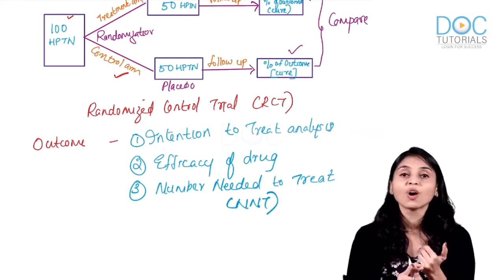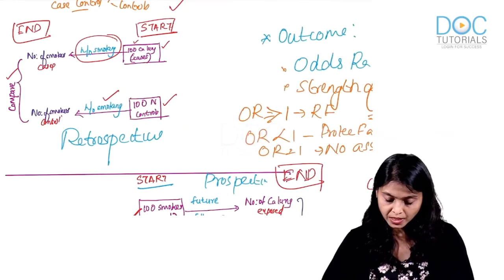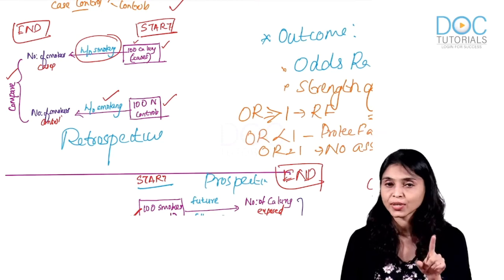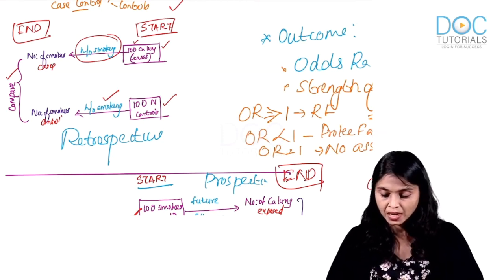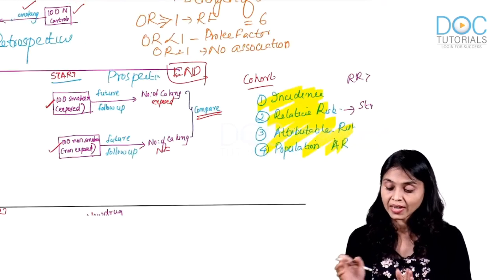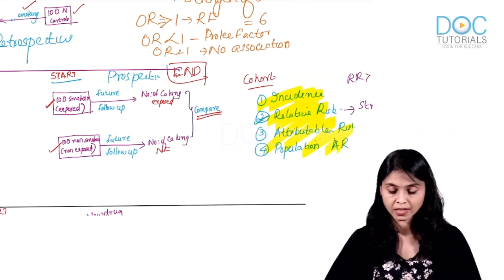So we have seen what a case control is, just to go through. This is the design of case control, and the outcome is only one, odds ratio, which will give you the strength of association. A prospective study is cohort, where you have 4 outcome measures and strength of association is given by relative risk.